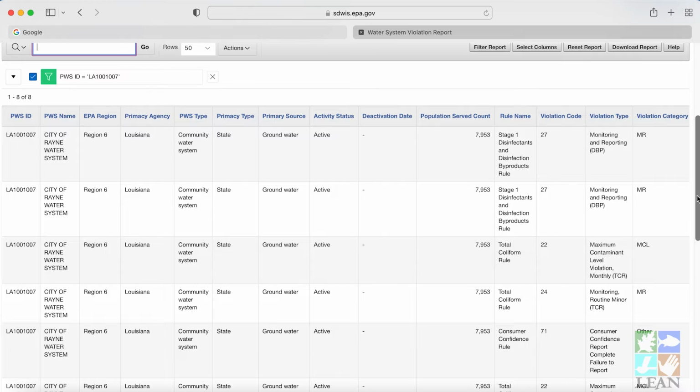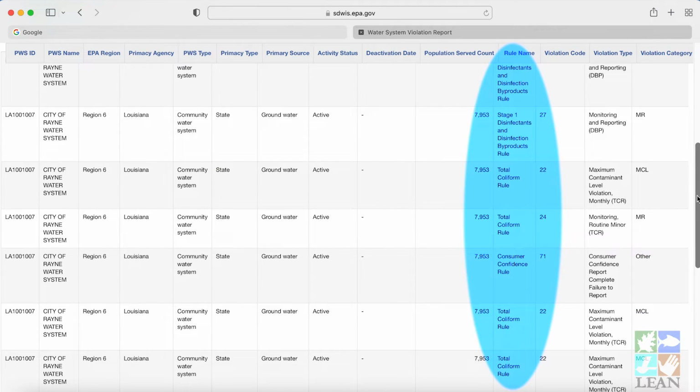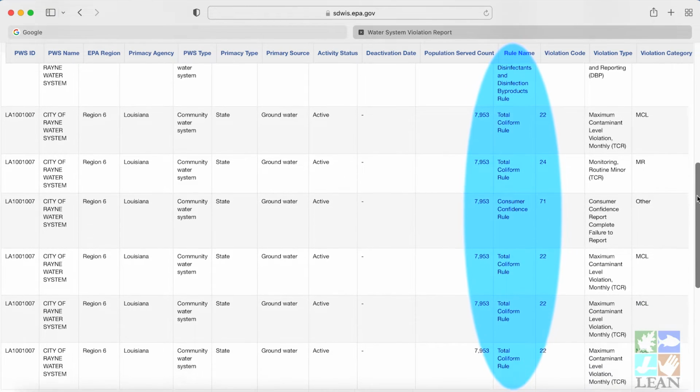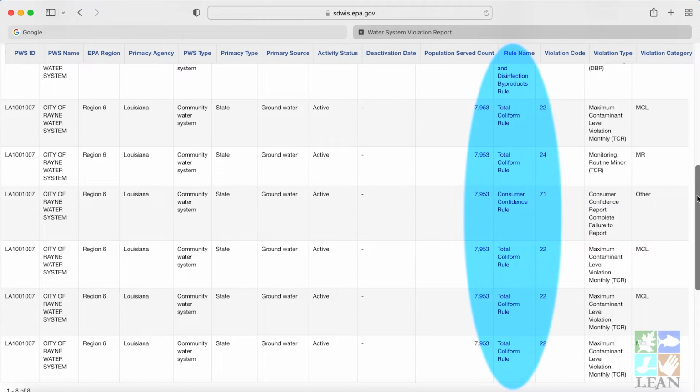Two things that I see in Rain's water system are disinfectants, disinfection byproducts, and total coliform. So you want to write those down because you're going to be looking at that later to pick out the best water treatment system. Coliform is basically an indicator of water pathogens.